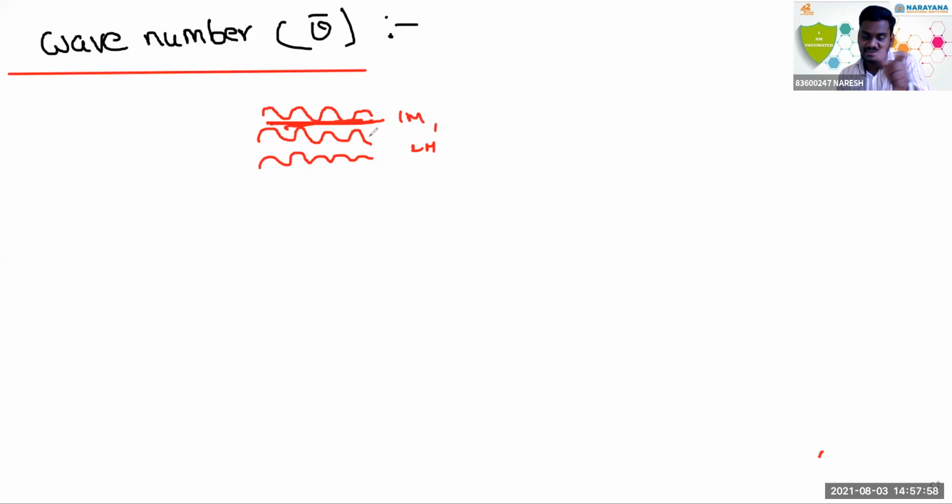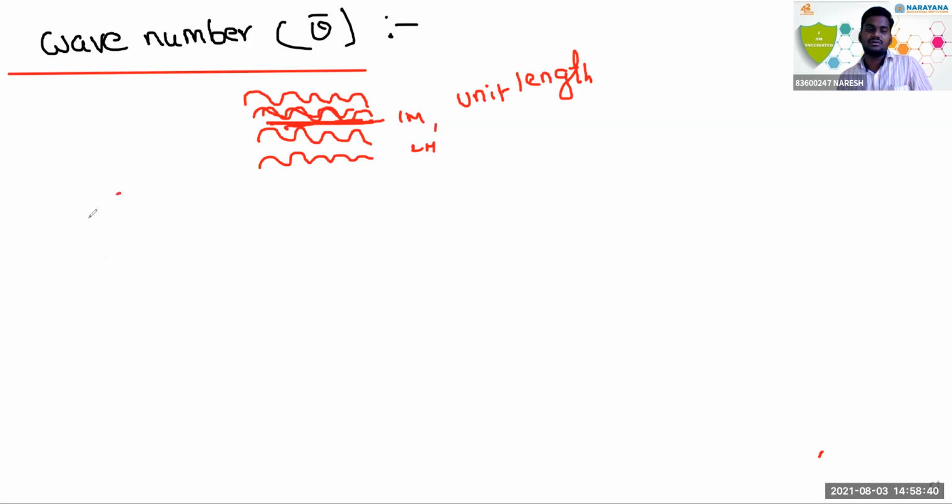The number of waves that are present at any time in unit length is called wave number, which is denoted by nu bar.